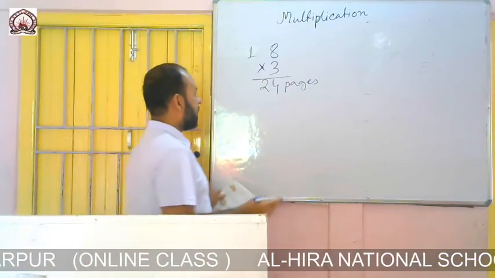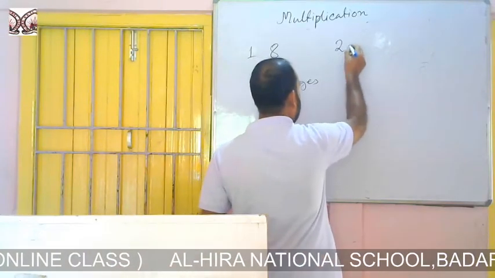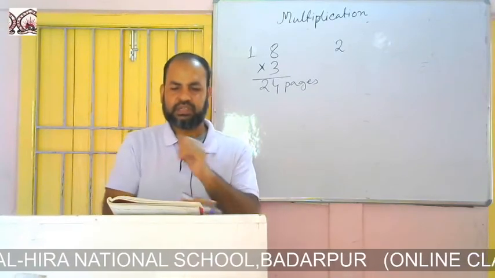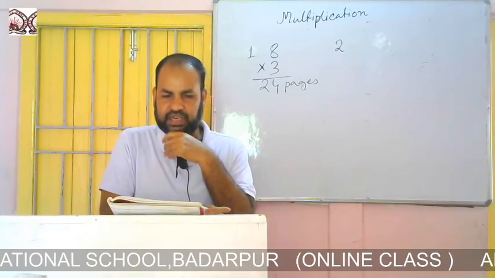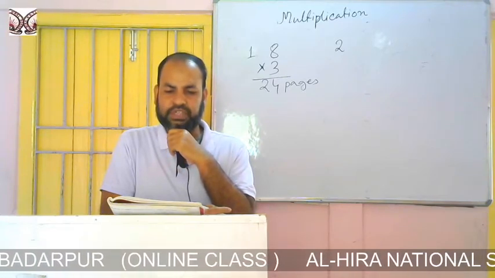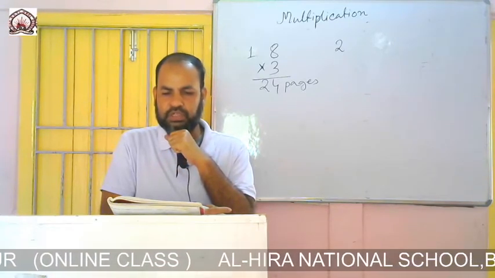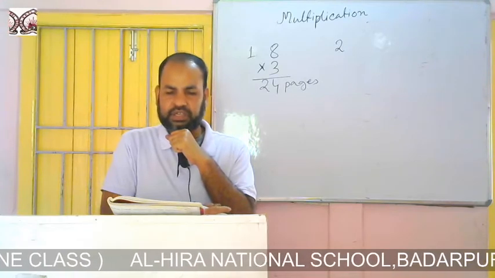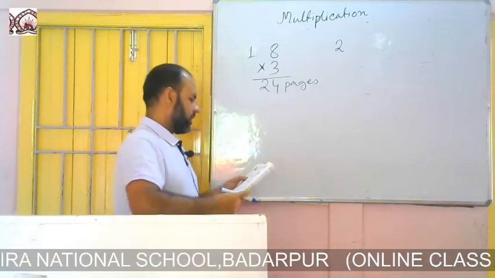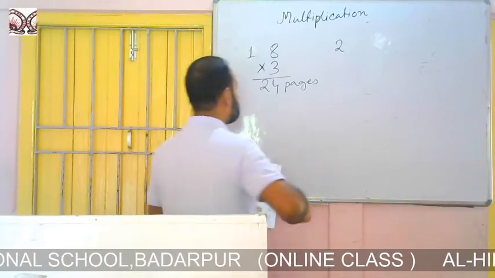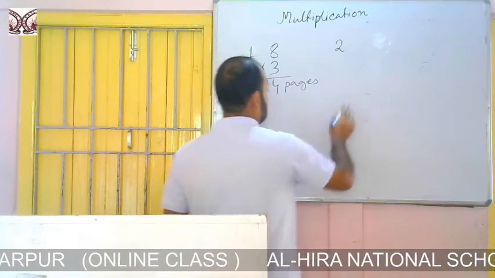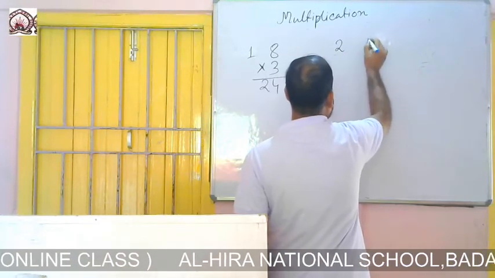Next question number 2. Mrs. Shen gives 2 samosas each to 5 children. How many samosas does she give in all? So number of children is 5.